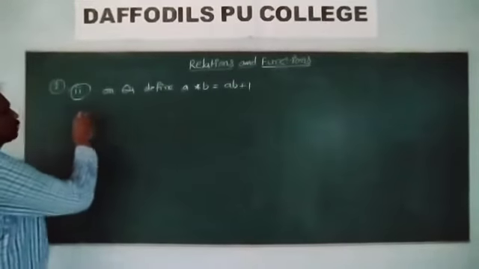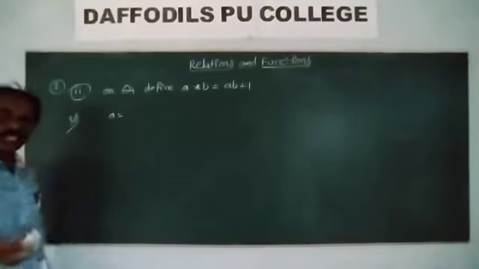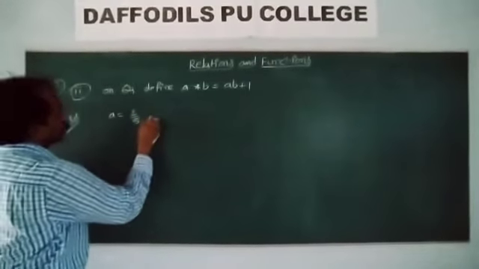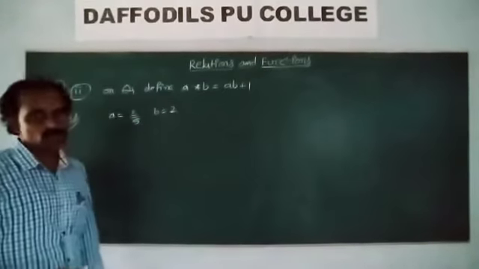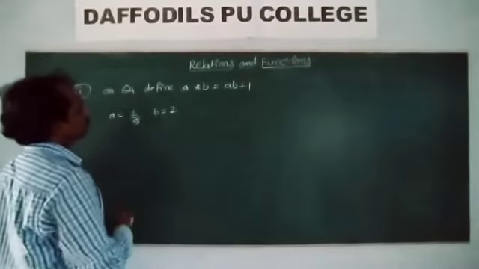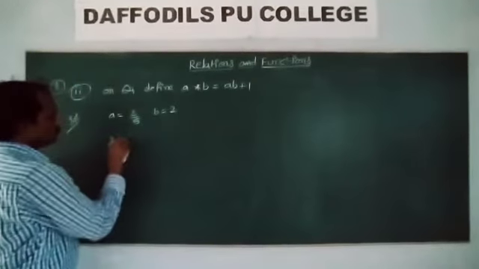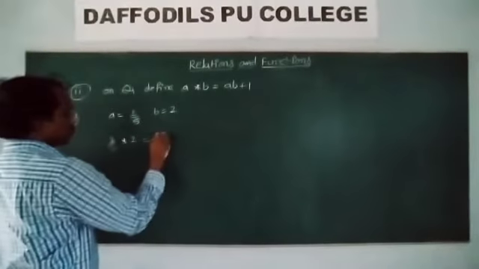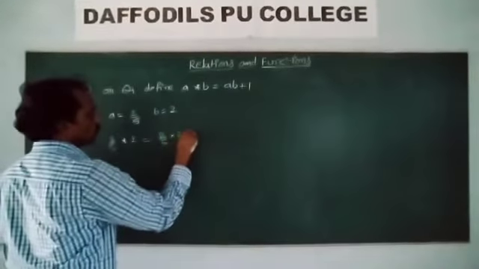First of all, I check the numbers. Let A be anything, either 2, 3, or suppose I take 2 by 5, and B is equal to 2. Right. 2 by 5 star 2 is equal to AB plus 1, so that implies 2 by 5 into 2 plus 1.